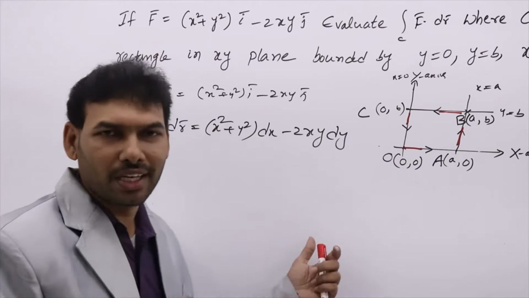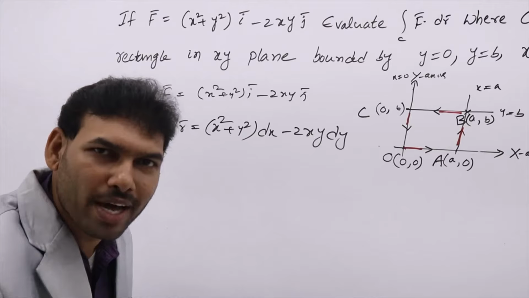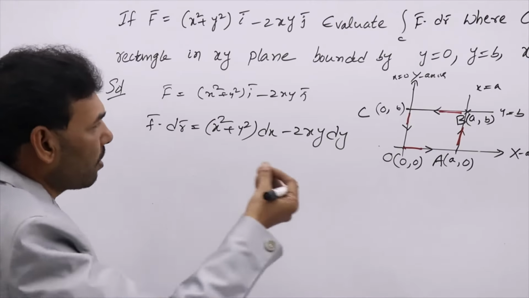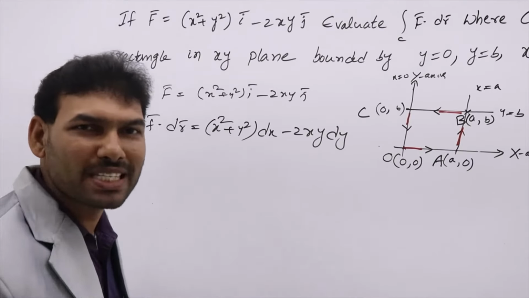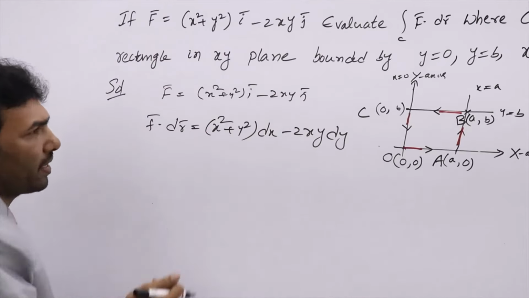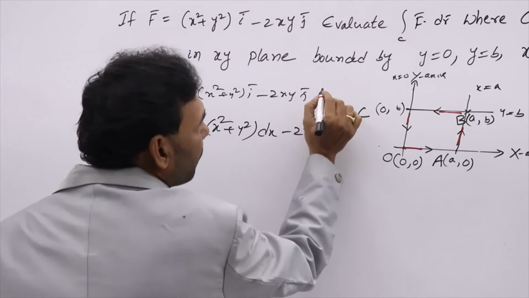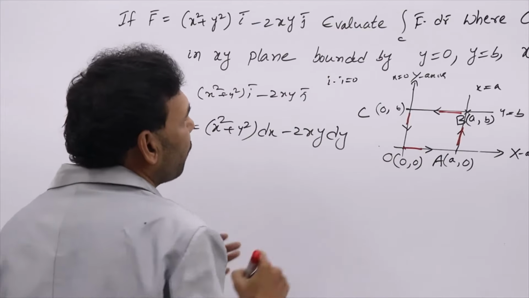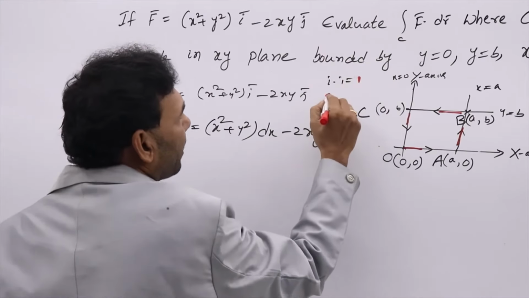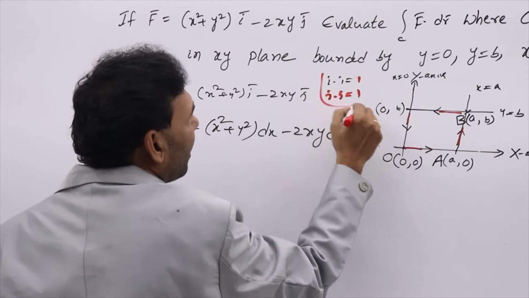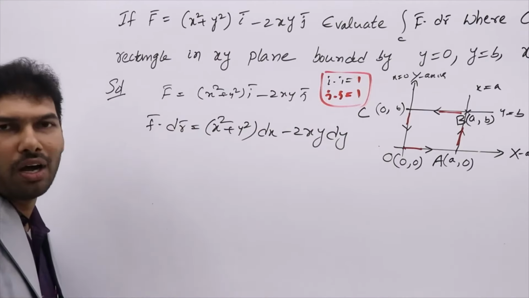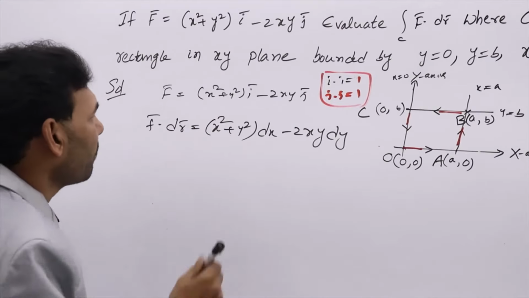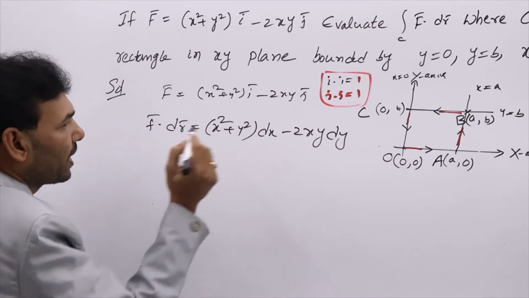Otherwise, you can go with the actual procedure by taking r bar equal to xi plus yj, dr bar equal to dx i bar plus dy j bar. If you multiply the two vectors using the fundamental principle of vectors, i dot i is 1, j dot j is 1, i dot j is 0, j dot i is 0. So by multiplying the i coefficients and j coefficients, you will get the result like this.